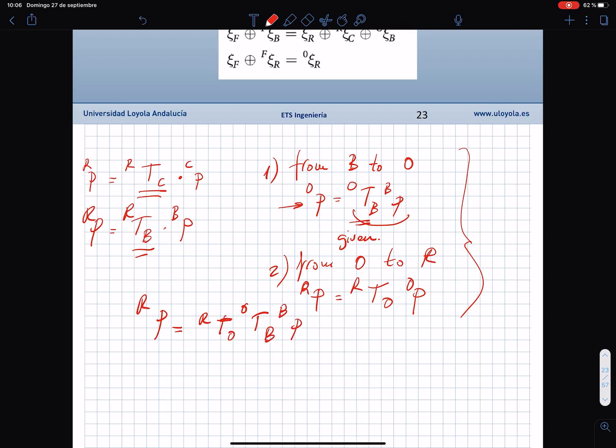Okay, so the multiplication of these two matrices, undoubtedly, will result in T0B. And this is one of the matrices that we have been asked for. So if we write this relation in just one formula, we will write RTB equals RT0 0TB.